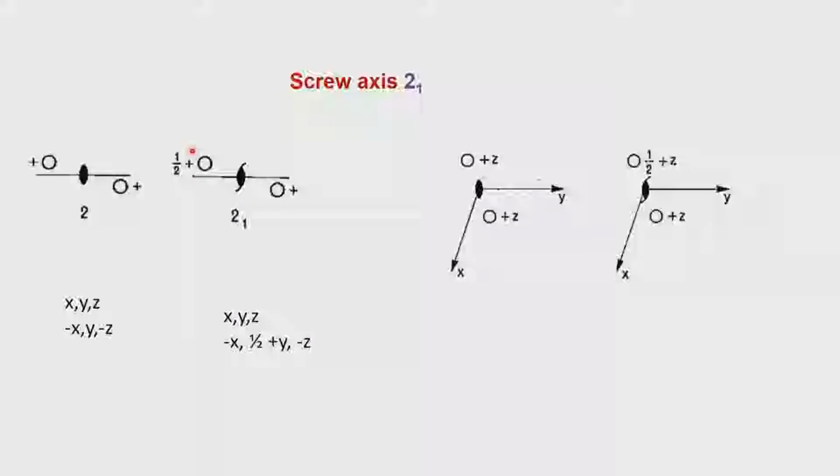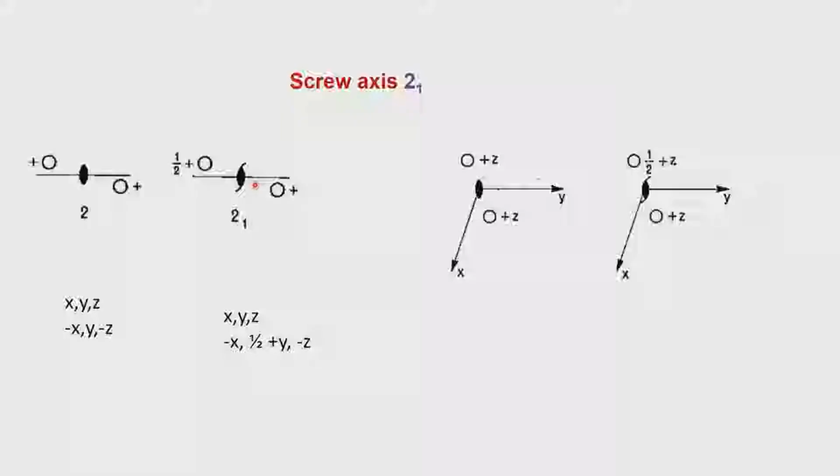If a, b, c are the unit cell dimensions and b is our unique axis, then the translation is along the b direction. This will give us an equivalent point at x bar, half plus y, z bar. So this half adds on to y.